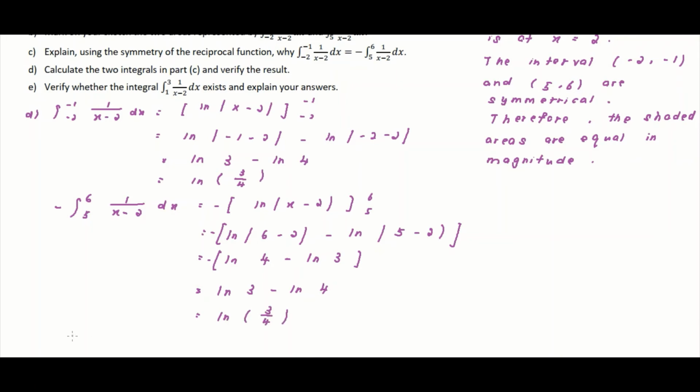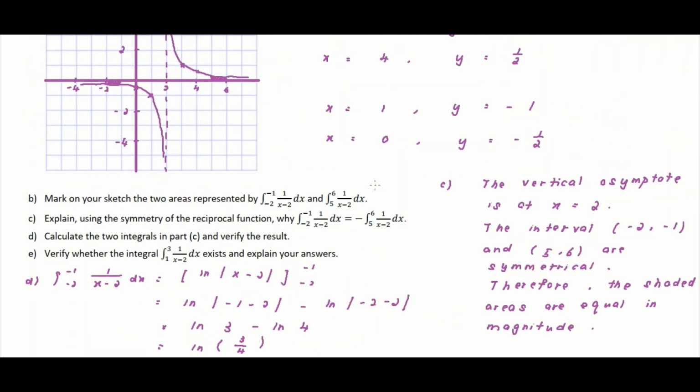So that's why I can always say that the first integral is the same as the second integral with a negative. All right. Okay, so let's move on to E, the last question.